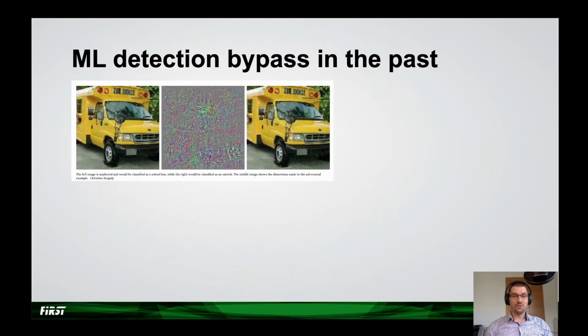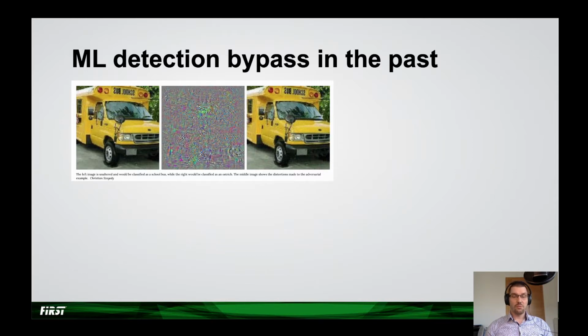Machine learning is used, for example, in image classification. It can be a very common task for machine learning models to classify images, whether they can see a school bus, for example, on an image. And there was an interesting research in the past where researchers had to modify an existing image in a way that they add some data to it, and the image for any human observer will remain the same, as you can see on the right side.